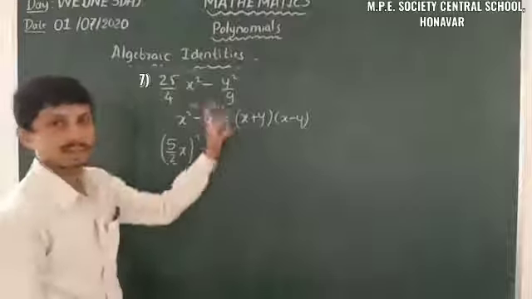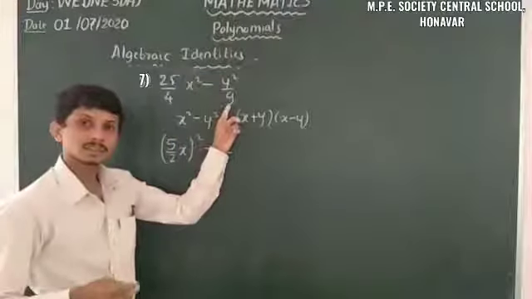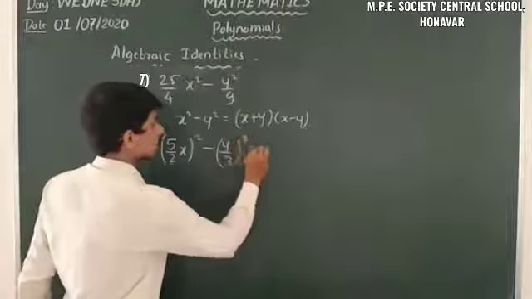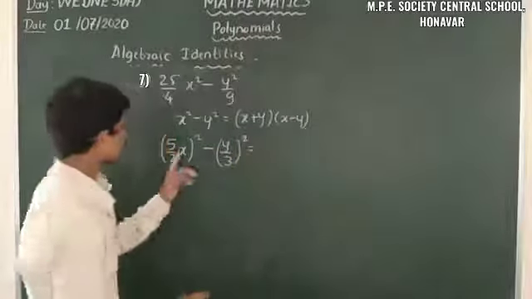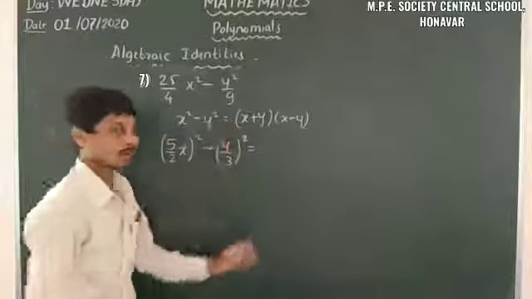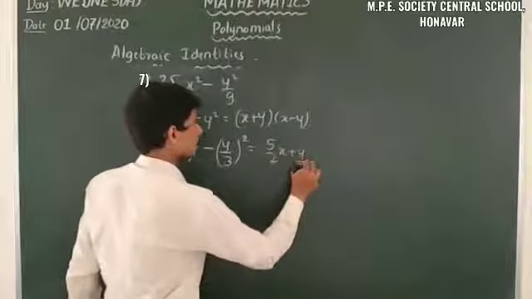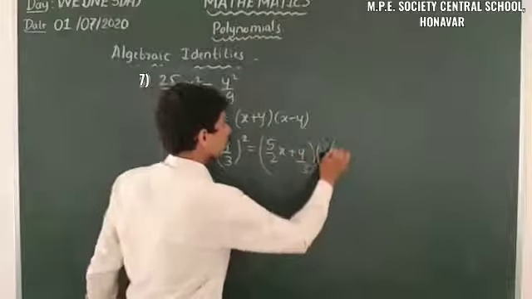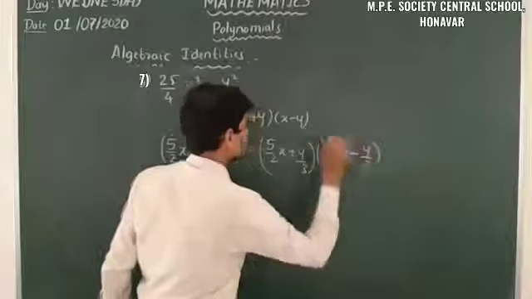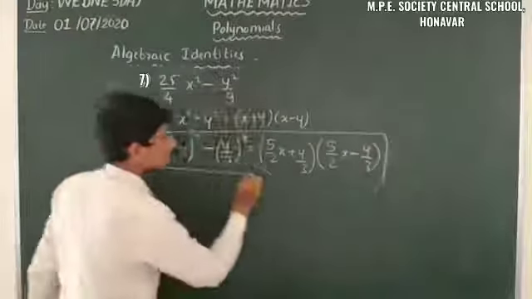Minus y square by 9, where 9 is equal to 3 square, that is (y by 3) whole square. Substitute 5 by 2 x as x and y by 3 as y. So what we get is (5 by 2 x plus y by 3) into (5 by 2 x minus y by 3). This is our required solution.